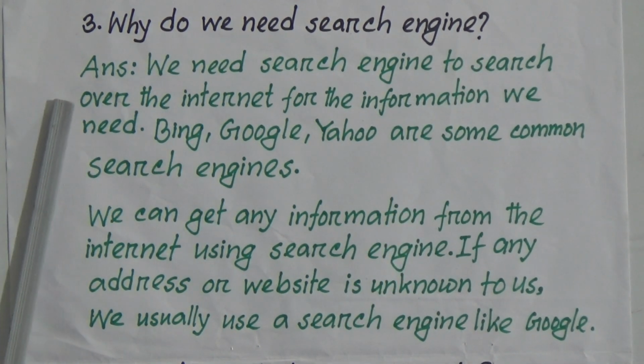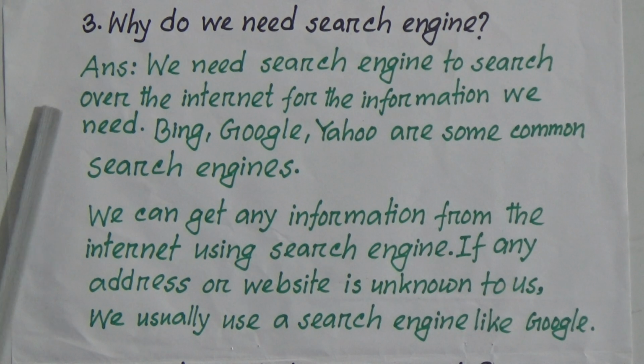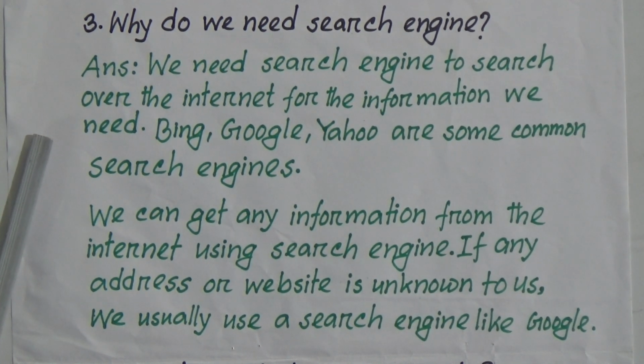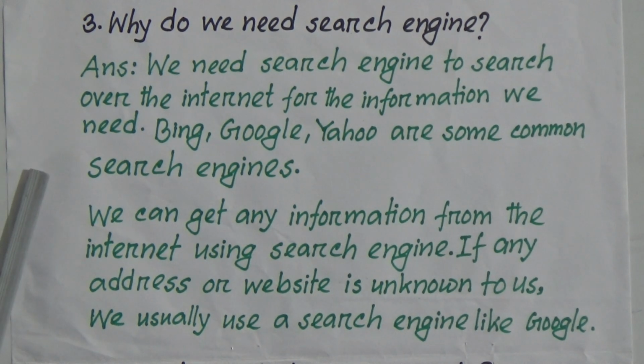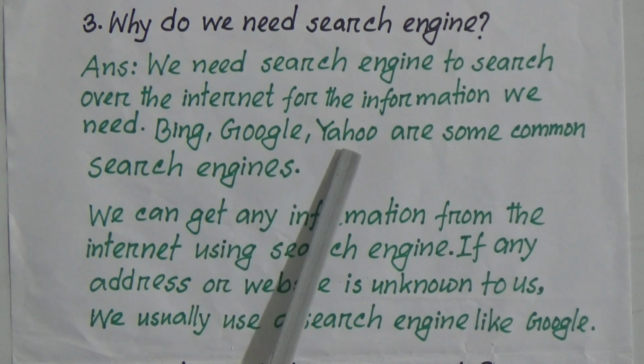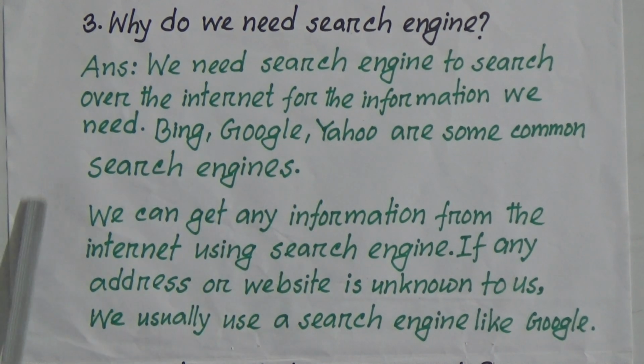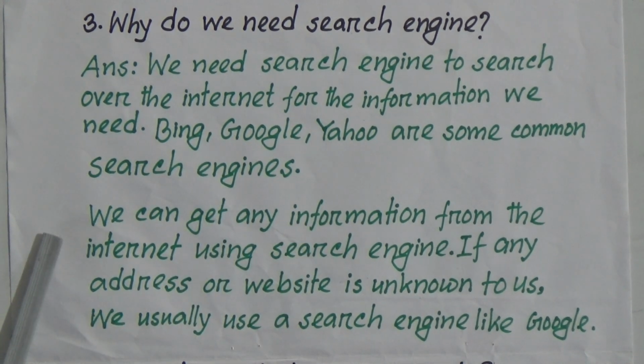Answer, we need search engine to search over the internet for the information we need. Bing, Google, Yahoo are some common search engines. Look at the word Bing, Google and Yahoo, all will be in capital letters. We can get any information from the internet using search engine.